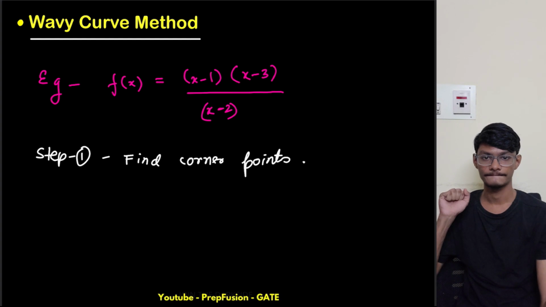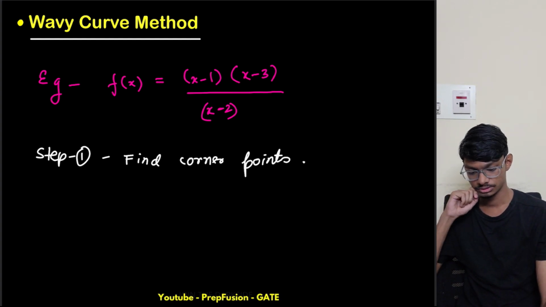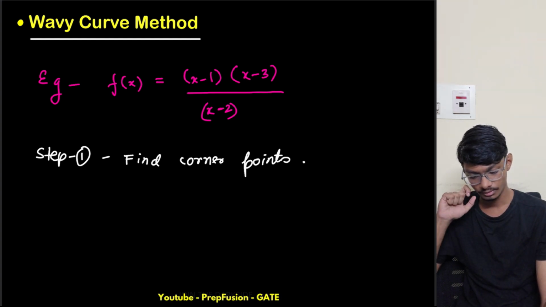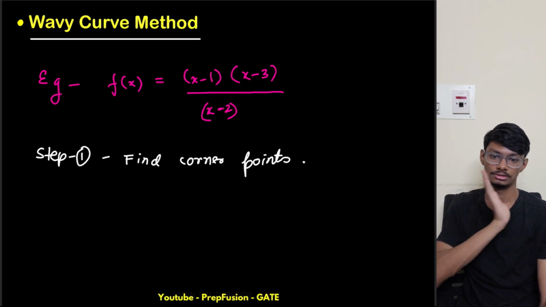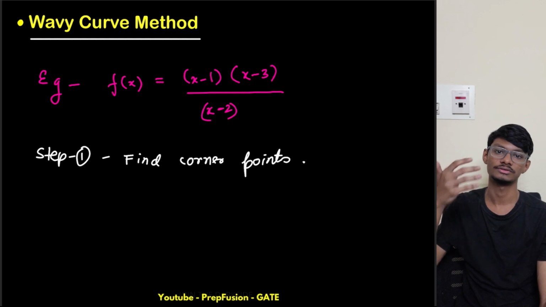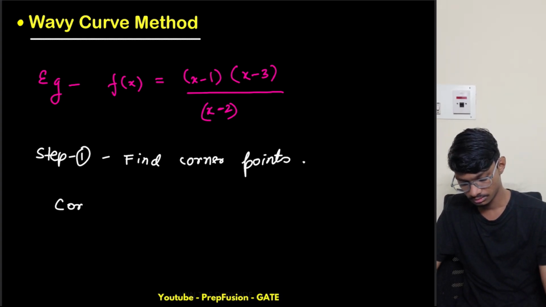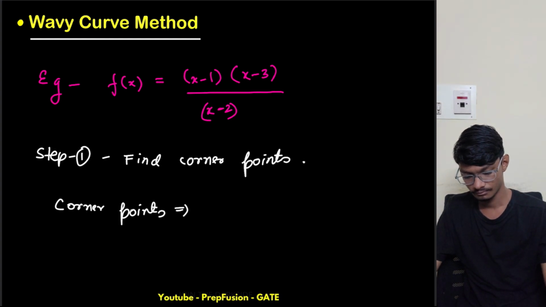Now we'll check at the maximum corner point whether the function is positive or negative. So what are the corner points for this? 1, 2 and 3, right?